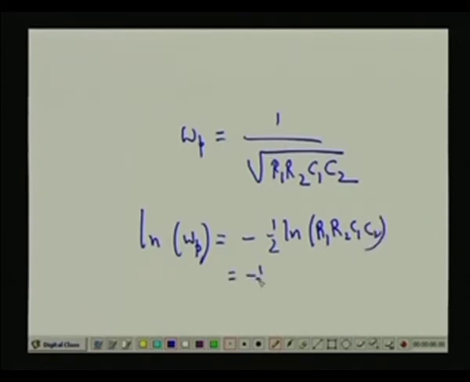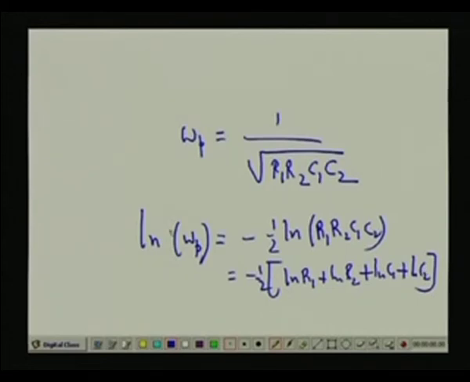So, this will be minus half of natural log R1 plus natural log R2 plus natural log C1 plus natural log C2. Since it is a partial derivative, once you vary R1, all other things will be constant.